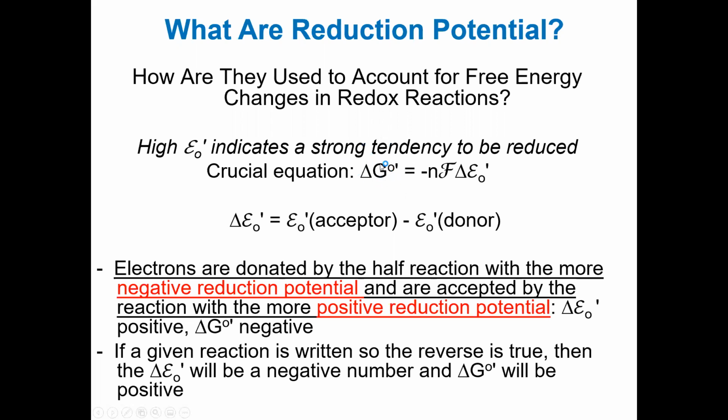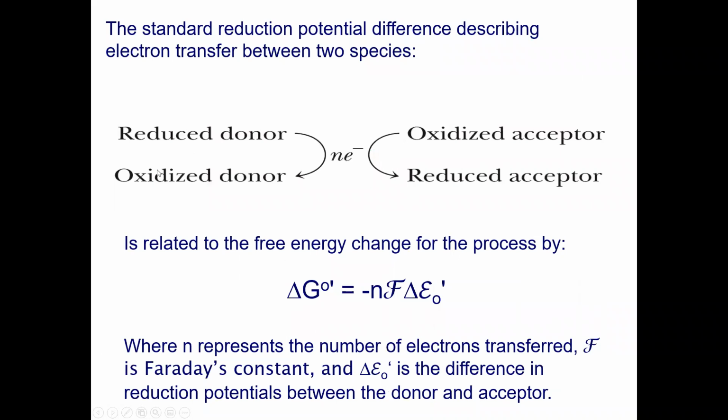And standard free energy is linked to the standard reduction potential via this equation. Delta G naught is equal to minus n F delta E naught. And the way you calculate delta E naught is E naught of acceptor minus E naught of donor. And that's what I'm showing you right here.